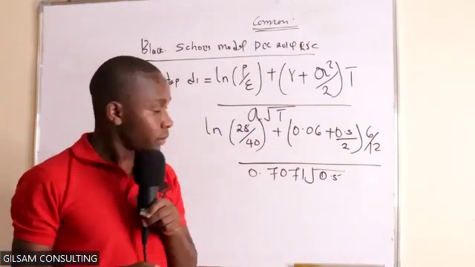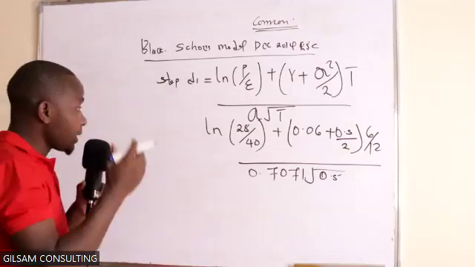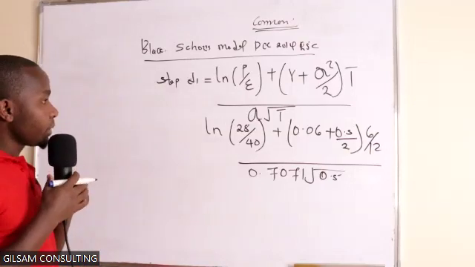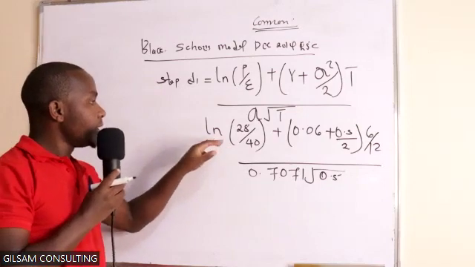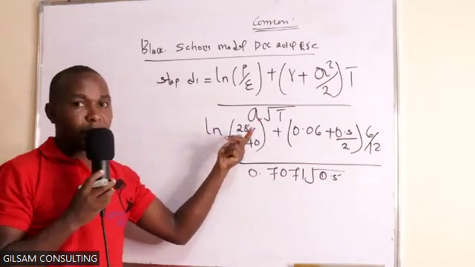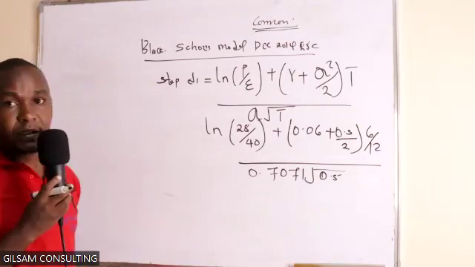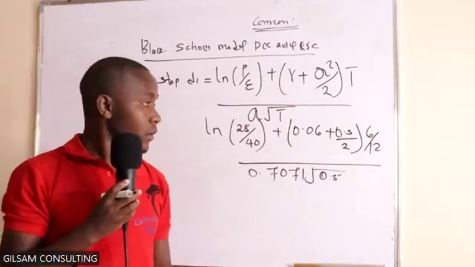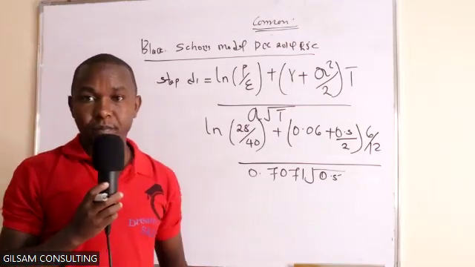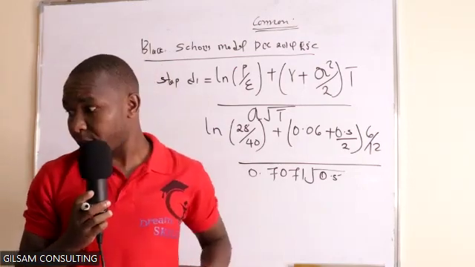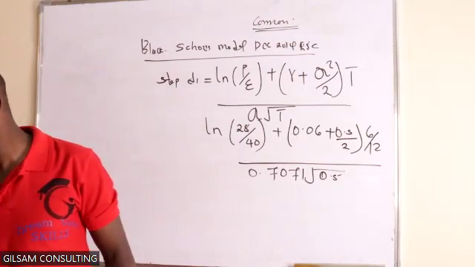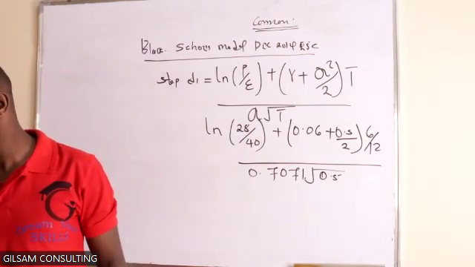I don't know your calculator, but I know you can get these. Click LN, it appears with a bracket, then you write 28, you divide by 40. On the calculator there is a place written LN, natural log.